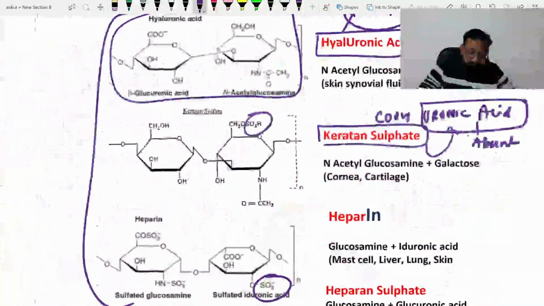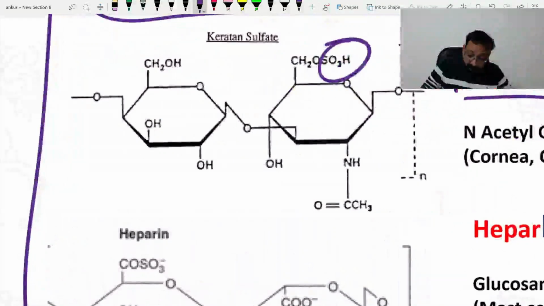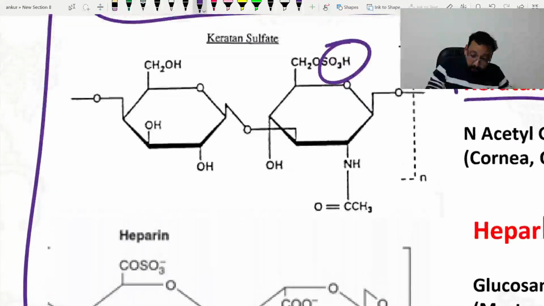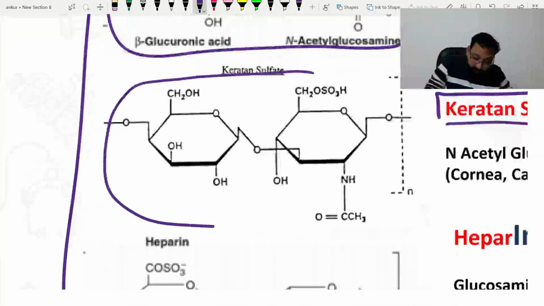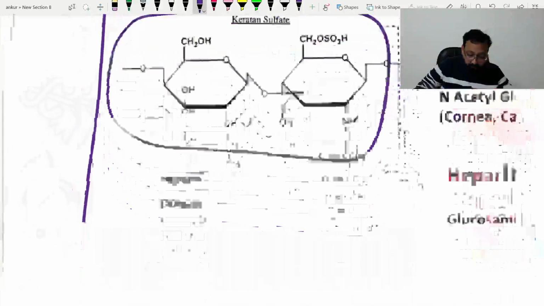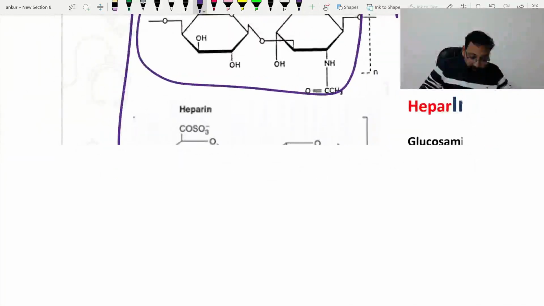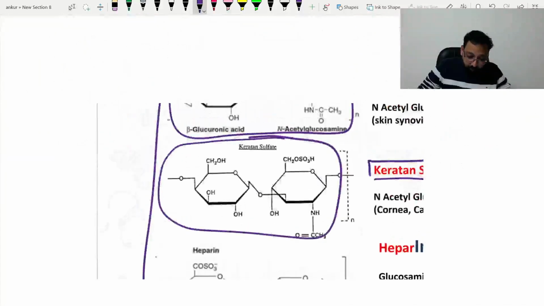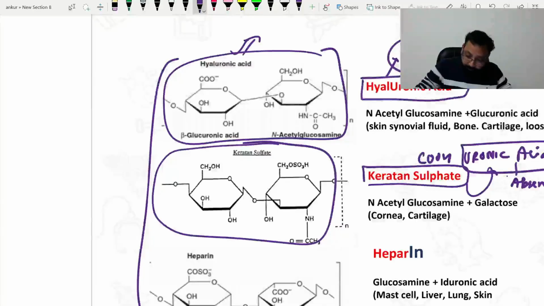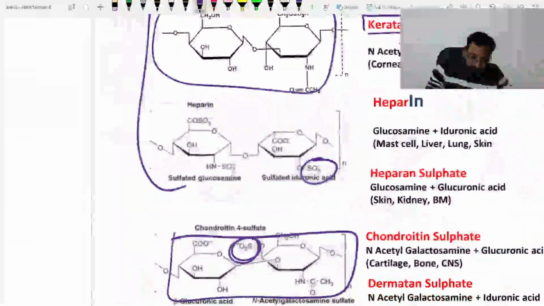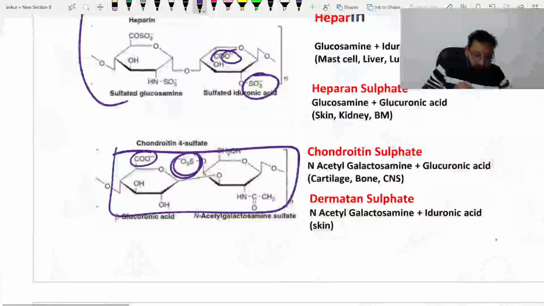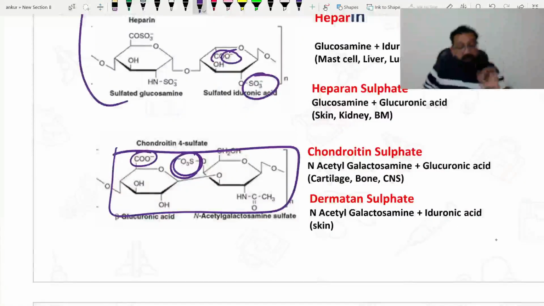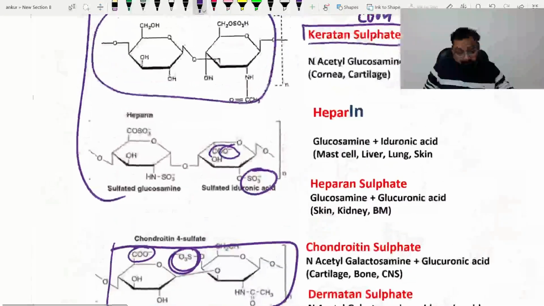Suppose they gave this structure and you found no COOH in this structure, this is keratan sulfate. If you see the structure of heparin or chondroitin sulfate, you will find COOH. If COOH is there, it can't be keratan sulfate.